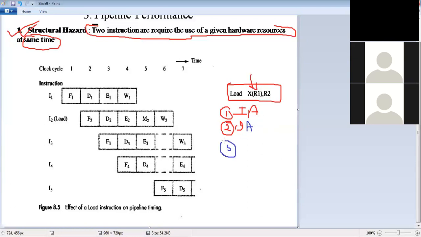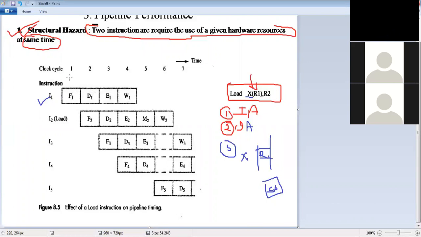Indirect addressing mode is the case here, where there is a memory location X, and in that memory there is a register R1, and the register R1 is holding some kind of data.